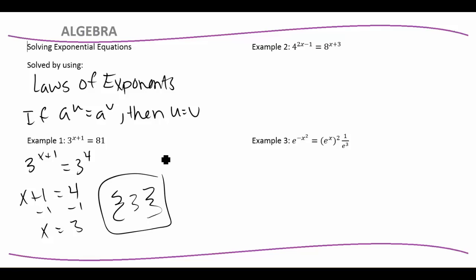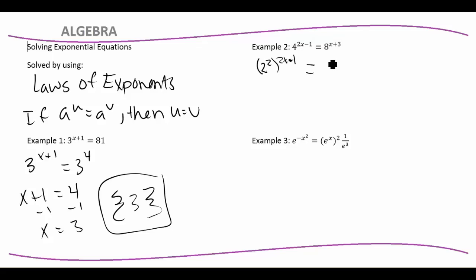Let's go to example 2. We're going to solve the exponential equation 4 to the 2x minus 1 equals 8 to the x plus 3. We want to get these in the same base, so let's do base 2. We know 4 is 2 squared, and we still have the 2x minus 1.